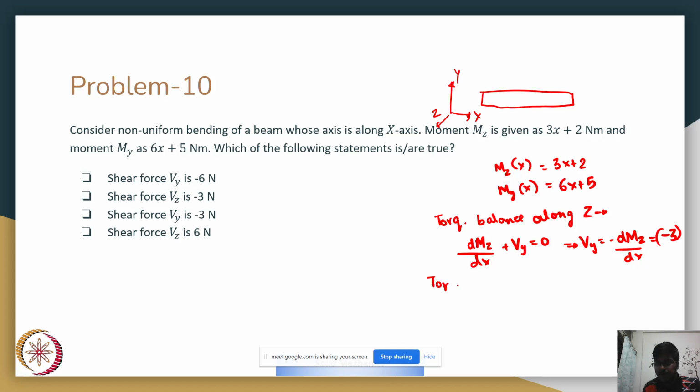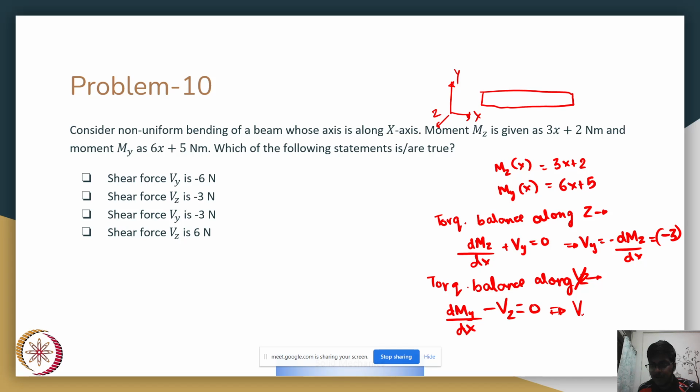Similarly, if you now apply angular momentum equilibrium along the y-axis, what you would get is dMy by dx minus Vz. In this case you get a minus sign. You can work this out as well. So your Vz becomes nothing but plus dMy by dx. This is 6.